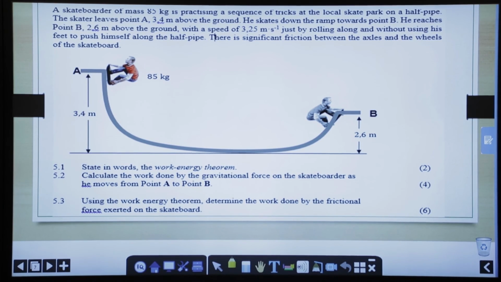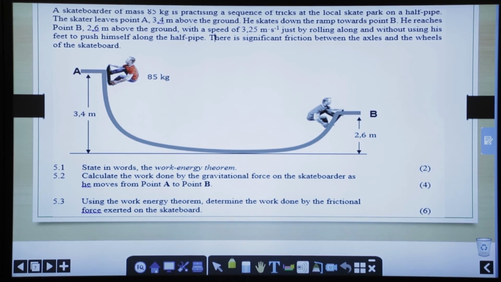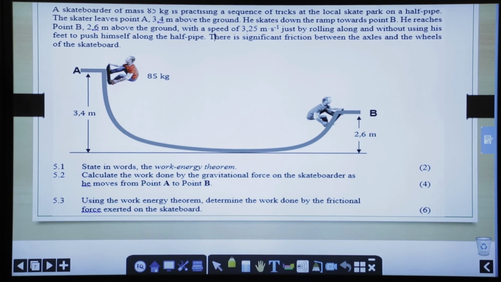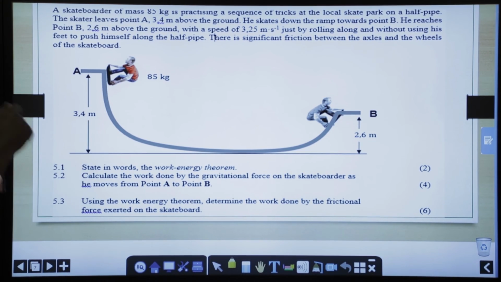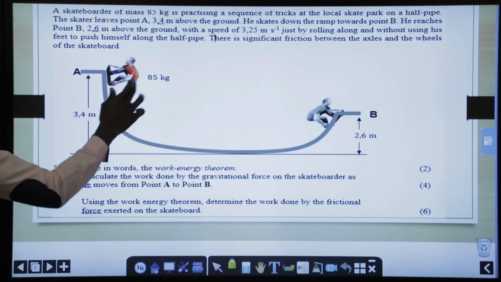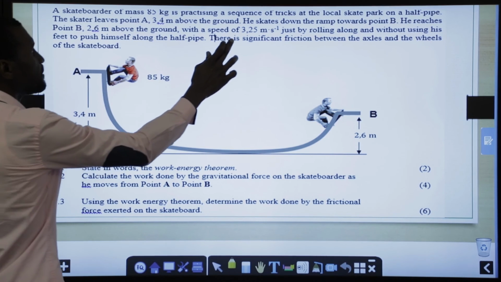Let's look at this skateboarder of mass 85 kgs practicing a sequence of tricks at the local skate park on a half pipe. The skater leaves at point A, 3.4 meters above the ground.